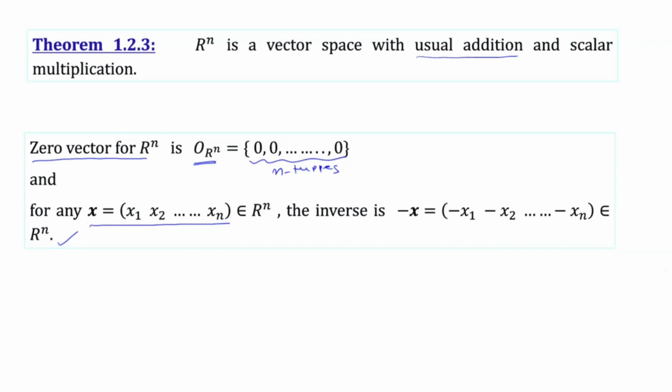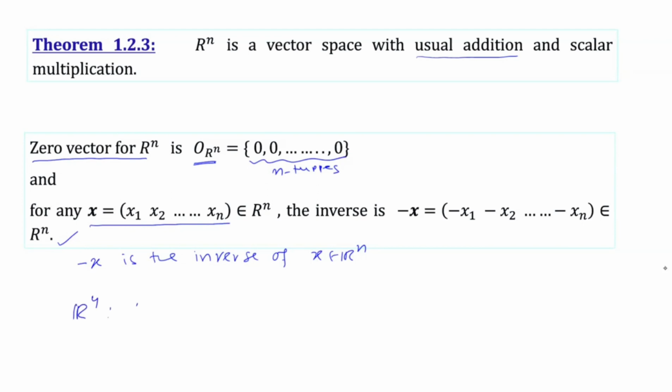Negative means we multiply by minus 1, and by scalar multiplication you will have (minus x1, minus x2, up to minus xn), which also belongs to Rn. So minus x is the inverse of the vector x in Rn.